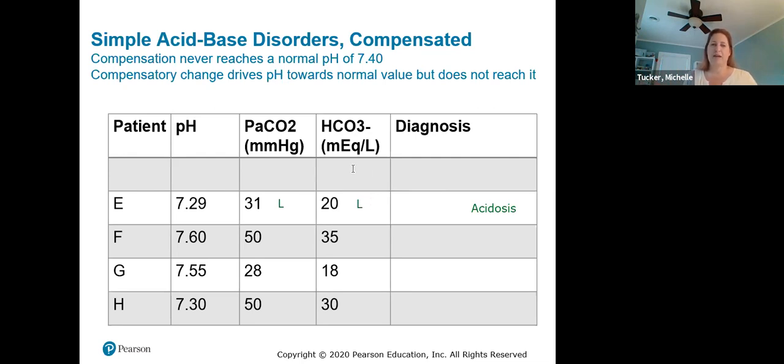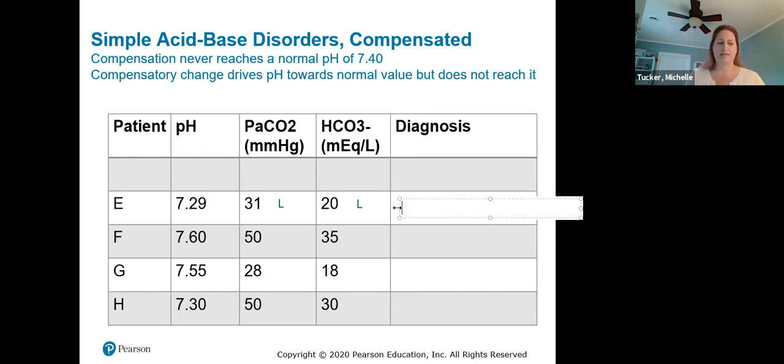This one, you have a primary cause and then a compensating mechanism. So with acidosis, which one of these would result in acidosis? Low bicarb or low CO2? That's right, bicarbonate.